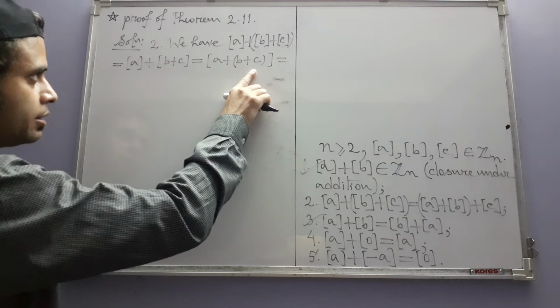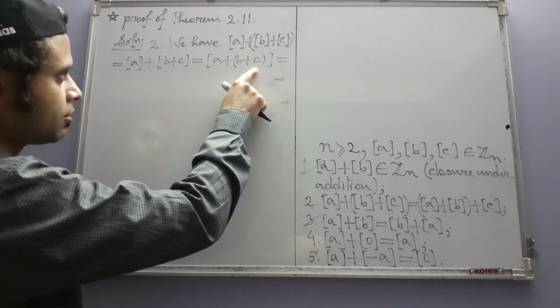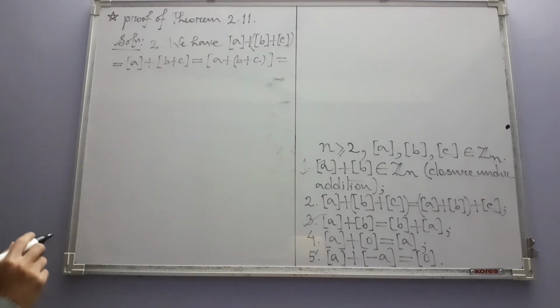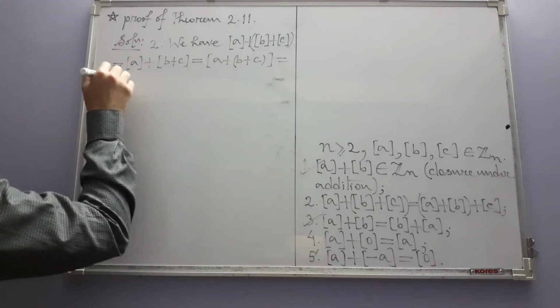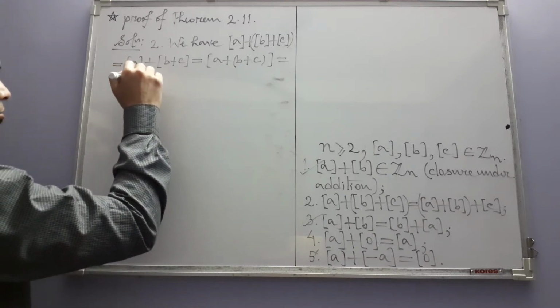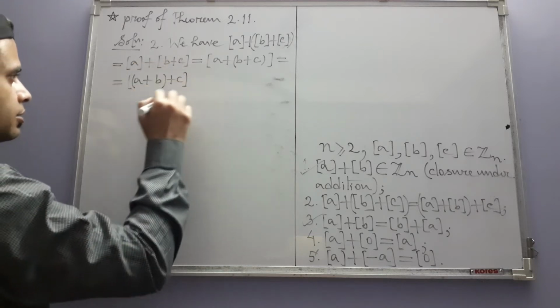But now inside these square brackets, this is an ordinary sum of integers a, b and c, which we know, the ordinary addition of integers is associative. That is something we already know. So that's why we can write it like this.